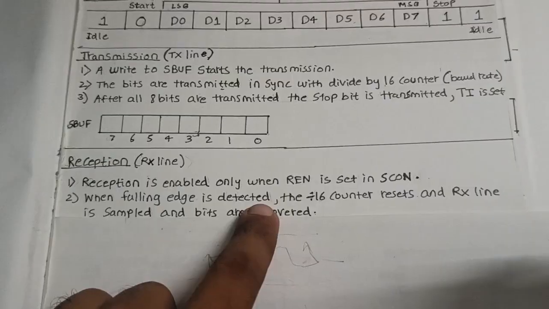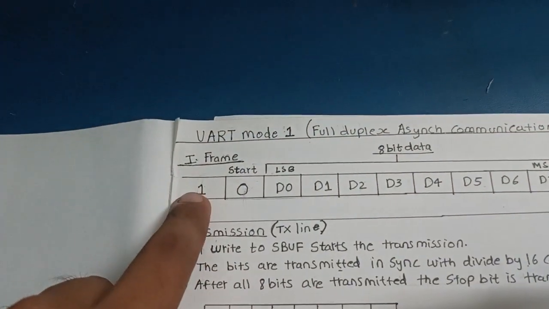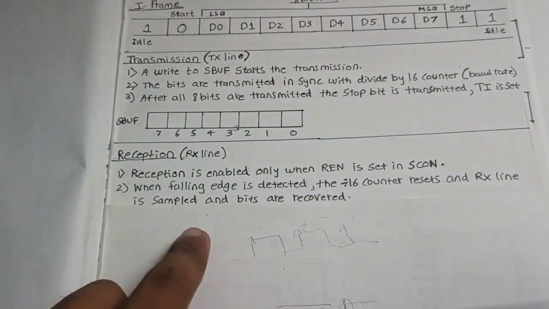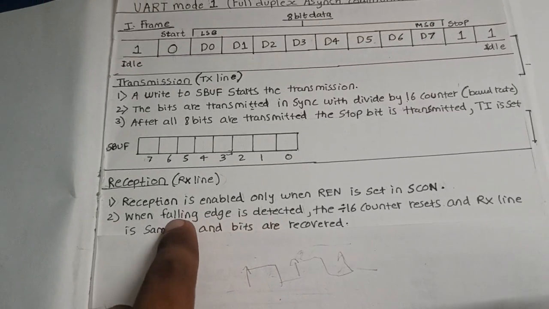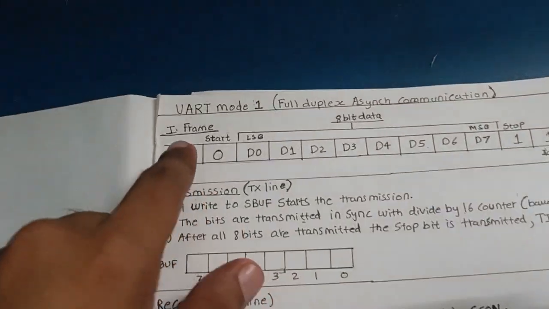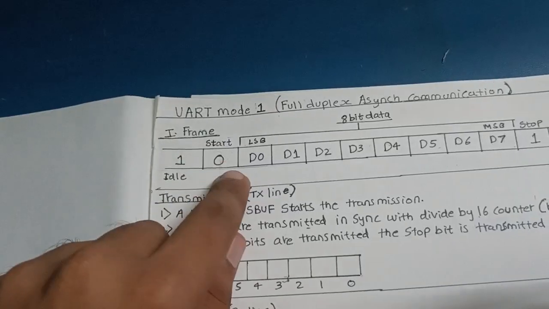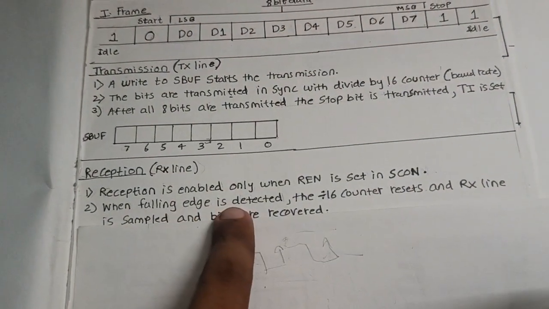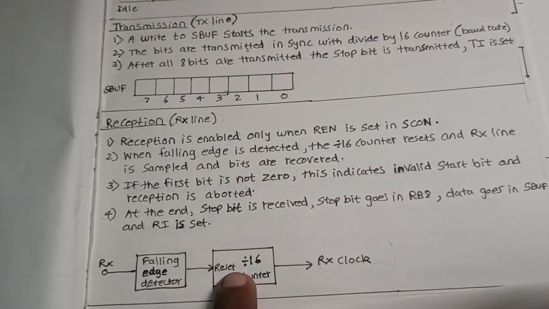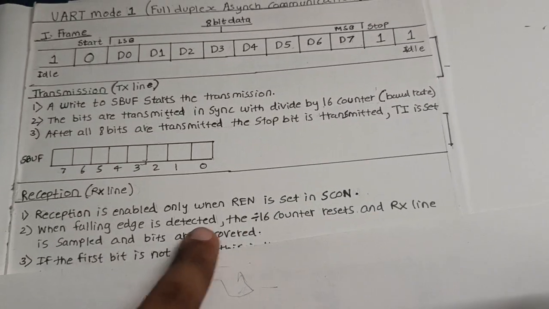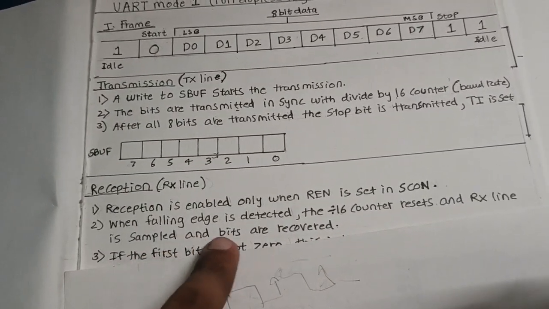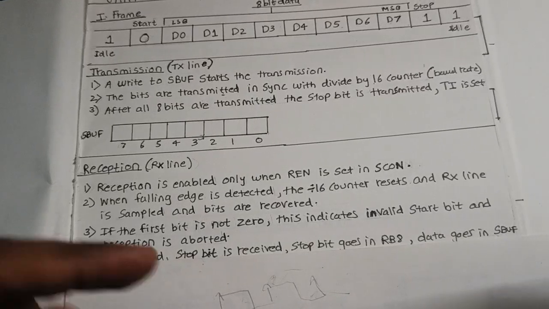Normally the line is high. When the start bit is sent, the RX line detects it because a falling edge is detected. There is a transition from 1 to 0 that is detected by this falling edge detector. Then it resets the divide by 16 counter, and the RX line is sampled and the bits are recovered, at the same baud rate.